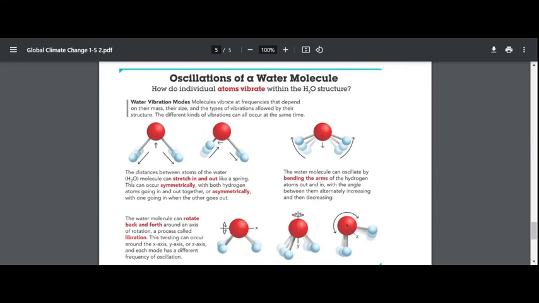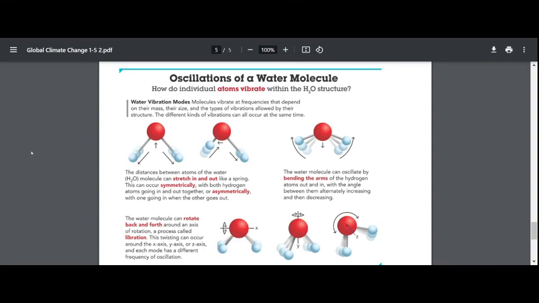All right, so now we're going to look at oscillations of a water molecule. How do individual atoms vibrate within the water structure? Water vibration modes. Molecules vibrate at frequencies that depend on their mass, their size, and the types of vibrations allowed by their structure. The different kinds of vibrations can all occur at the same time.